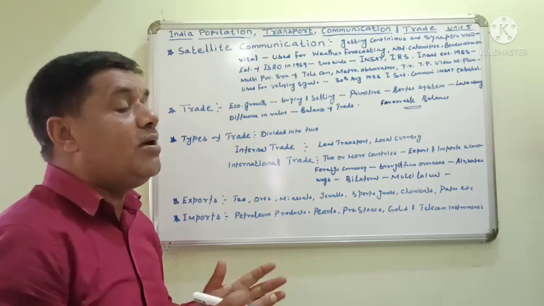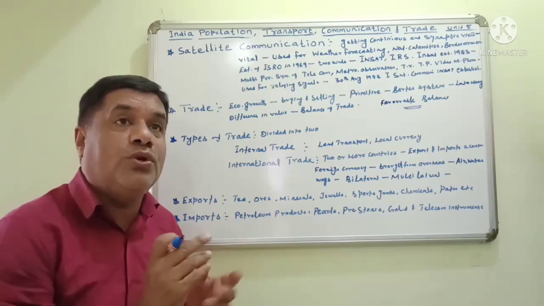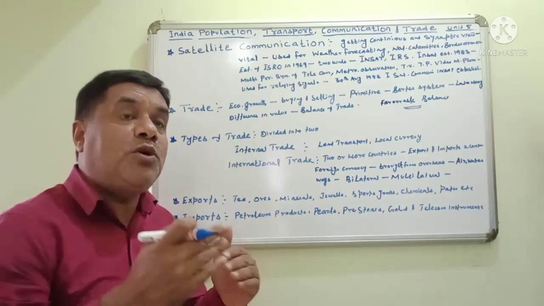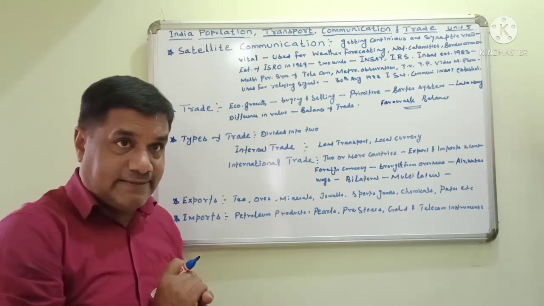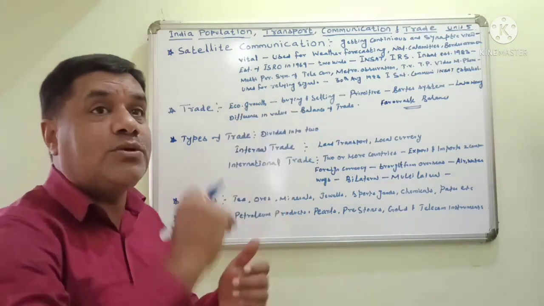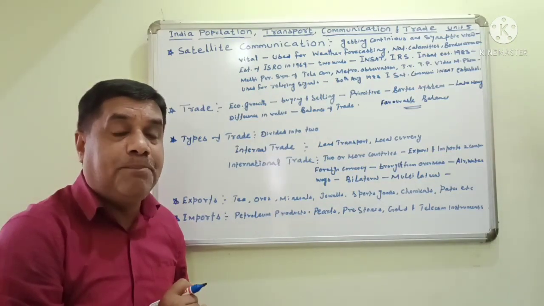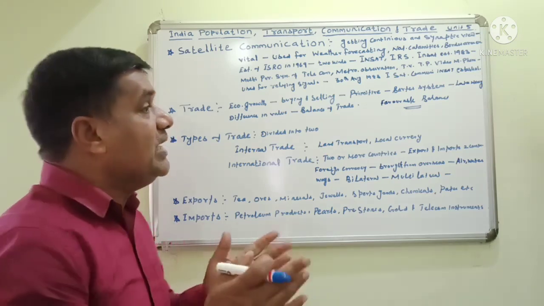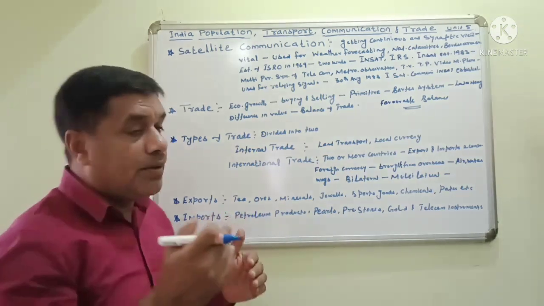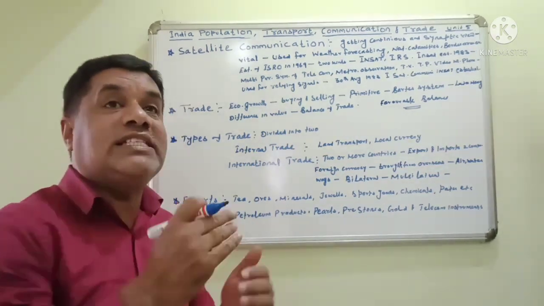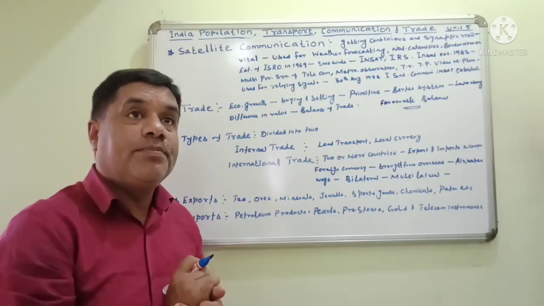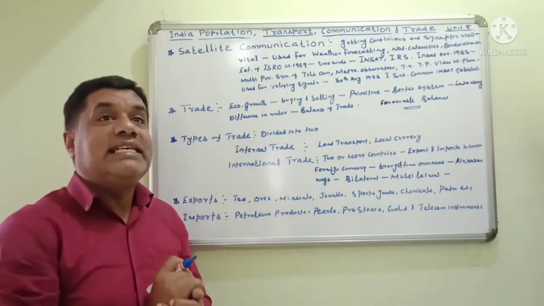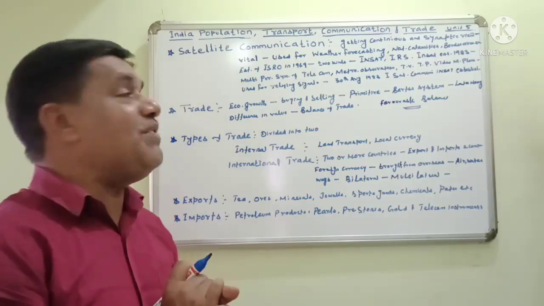For example, India has more and more production, paddy growing areas. We are exporting more and more paddy to other countries. In return, we are getting other goods and services, imports, in our country. So if exports increase and imports decrease, it is in our favor.